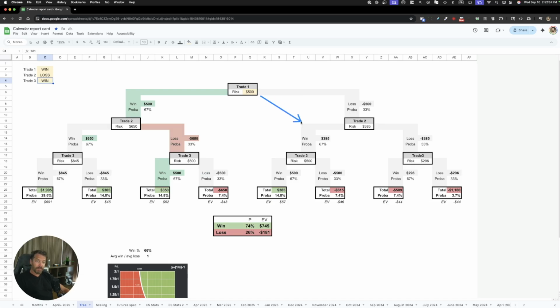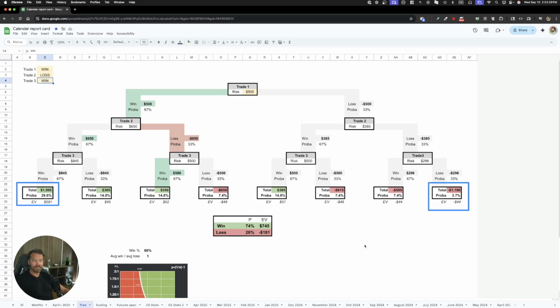But sometimes it might happen that you will have 3 trades in a row that are losing trades. In that case, the max loss is $1,180. So now if you compare, you have a maximum possible loss after 3 trades of $1,180. And if you win 3 trades in a row, you win close to $2,000.